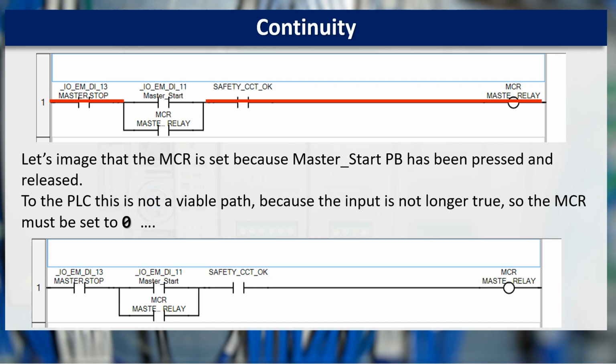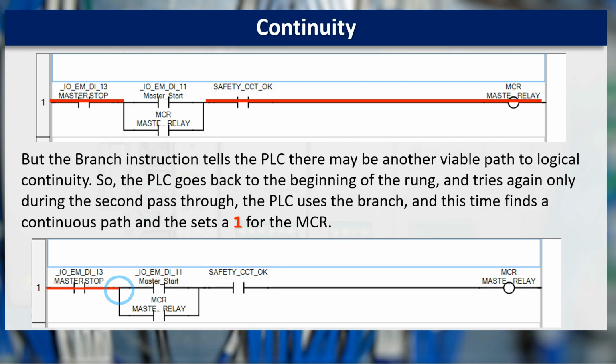But the branch instruction tells the PLC there may be another viable path to logical continuity. So the PLC goes back to the beginning of the rung and tries again. Only during the second pass through, the PLC uses the branch, and this time finds a continuous path and sets a 1 for the MCR.